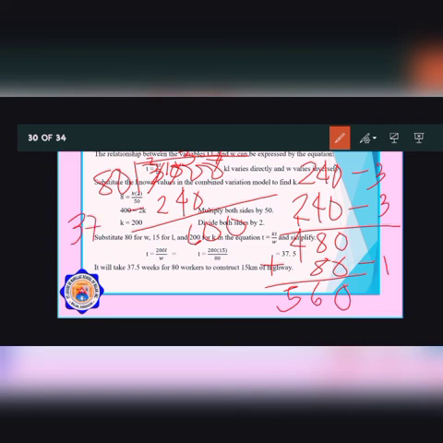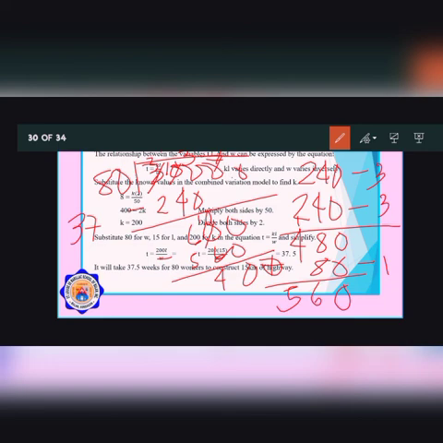Then, 7 times 80 is equal to 560. So, 0 minus 0 is equal to 0. 0 minus 6, so cannot be. So, magiging 10. 10 minus 6 is equal to 4. Add 0, 0. So, may 400 tayo.